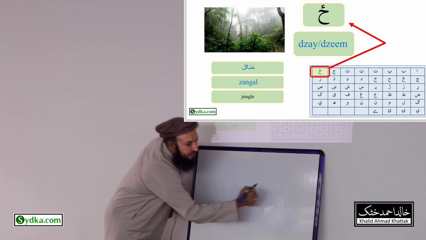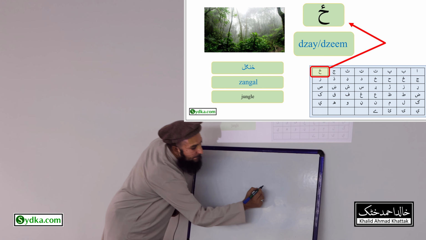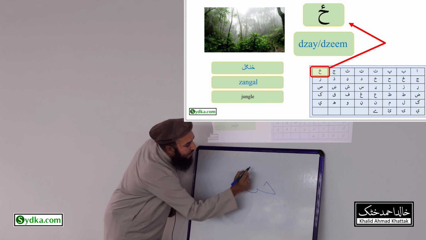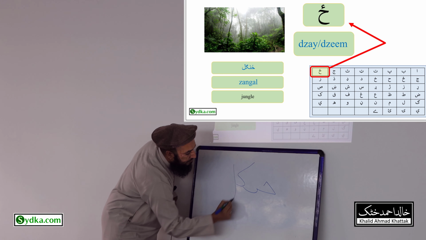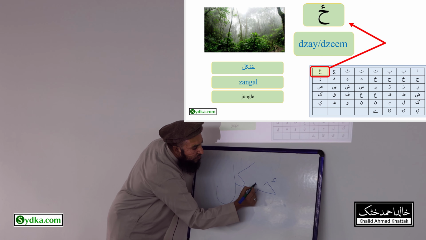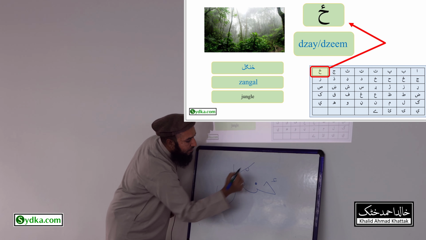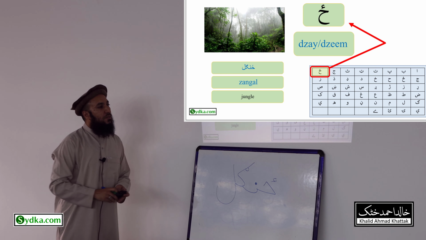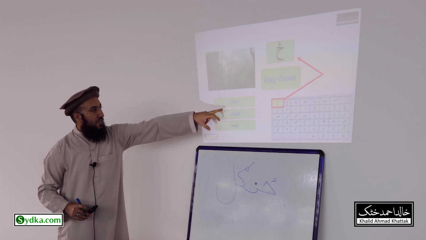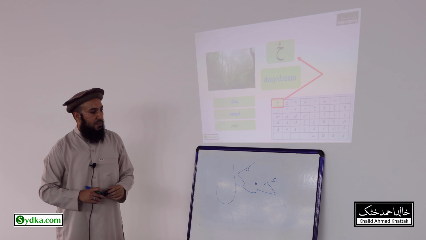So how we write it? Z, Noon, and then we have Gaf and Lam. Z, Noon, Gaf, Lam, Zangal, okay? So all of these examples of the words, the letters we have studied, that's the usage of Z or Zim.